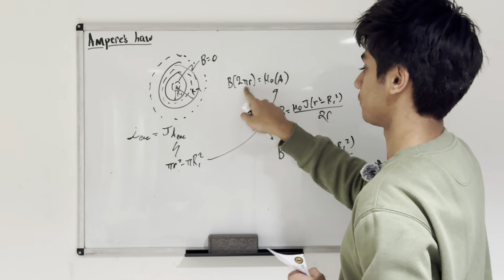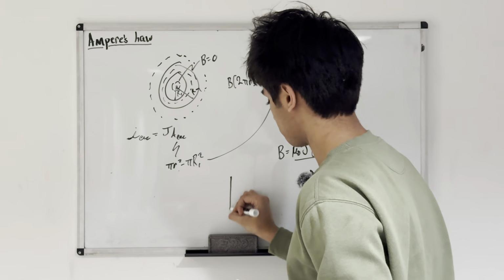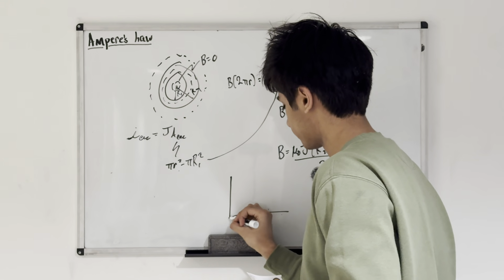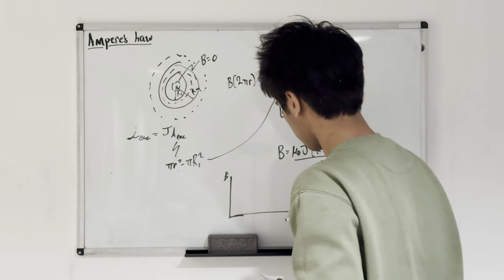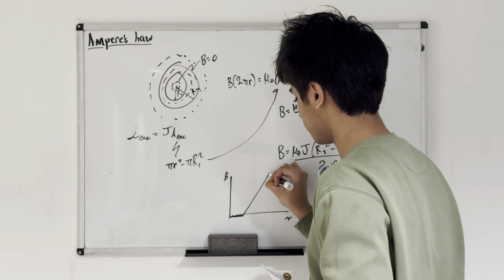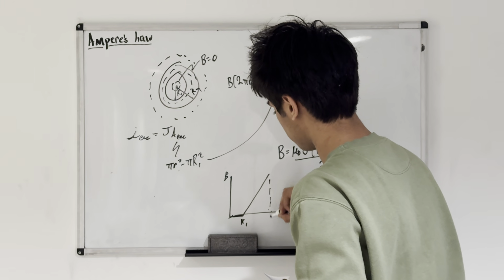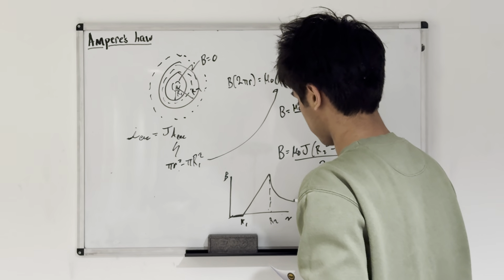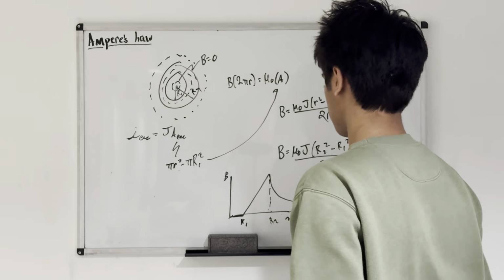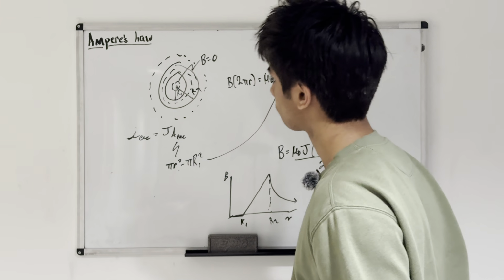This should be 2r, because there's a 2 pi r there. And if we graph this, it's going to look pretty similar to our previous result, except it's going to be flat at the beginning, then linear when it gets to r1. Then when it gets to r2, it's going to go out as a 1 over x kind of function. Okay, and that's how we do that.